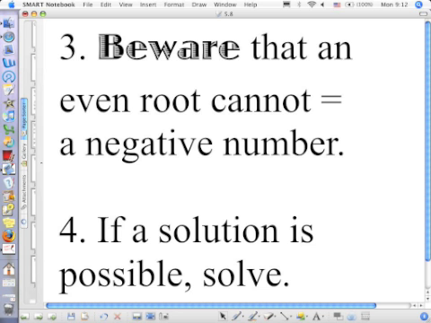Now, this really needs to be in conjunction with number 2. When you isolate that radical, you need to be careful. Remember that an even root cannot equal a negative number. You cannot get a real solution that way. So when you get your radical by itself, if you have the square root of x equals negative 10, from there you should automatically know what? There's no real solution.